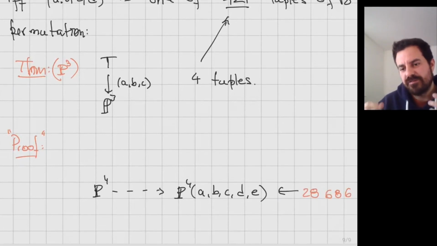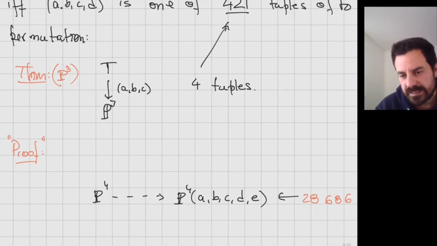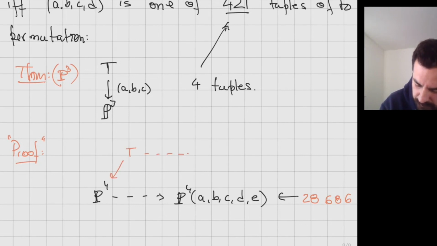It turns out that the fact that we need to control the singularities along the way really restricts the possibilities.